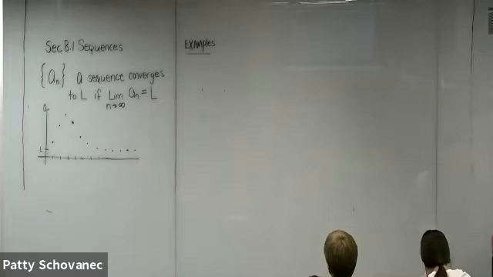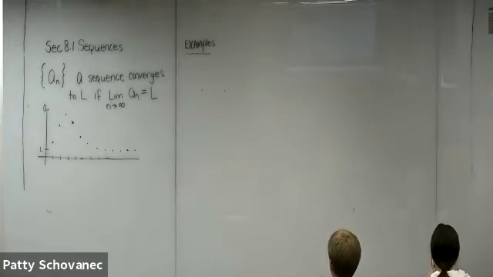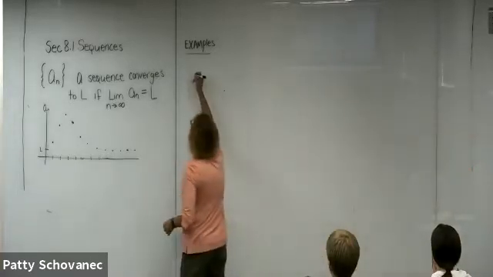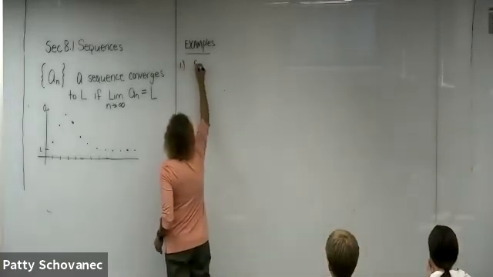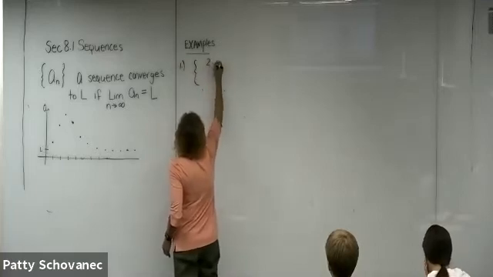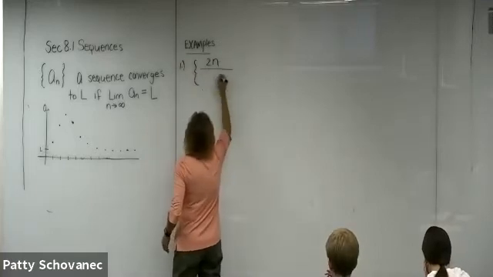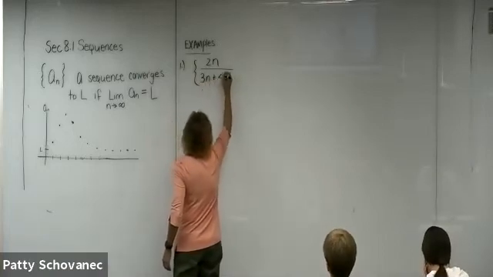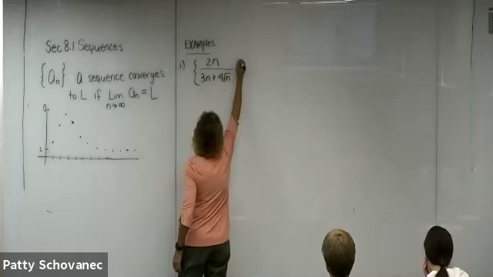This sequence, 2 times n divided by 3n plus 4 times the square root of n.